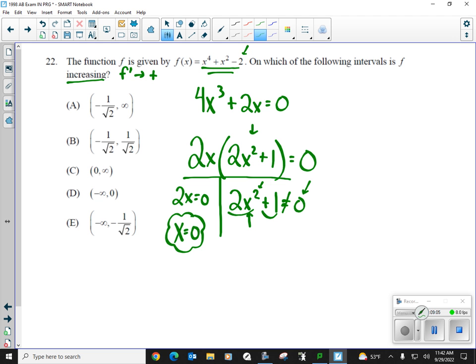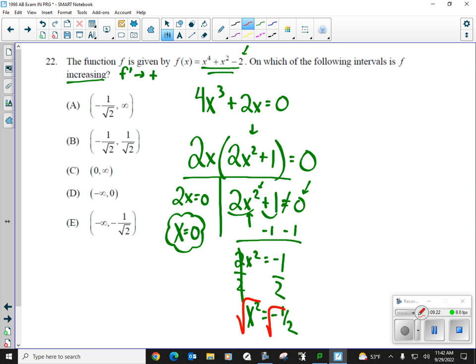If you wanted to try to subtract 1 from both sides, okay, 2x squared equals negative 1. Divide by 2, x squared equals negative 1/2. This is where the issue happens. When I take the square root, I can't take the square root of a negative number. So guess what? The only place where my first derivative is equal to 0 is when x is 0.